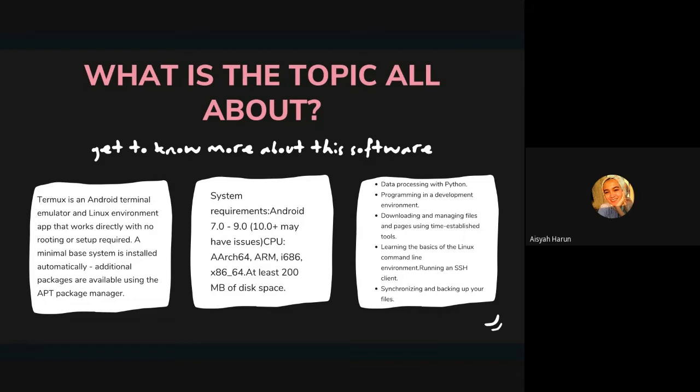The data processing is with Python, so when you are using the commands, it will be using the Python language. It is used for programming in a development environment, downloading and managing files and pages using time-established tools, learning the basics of the Linux command line environment, running an SSH client, and synchronizing and backing up your files.